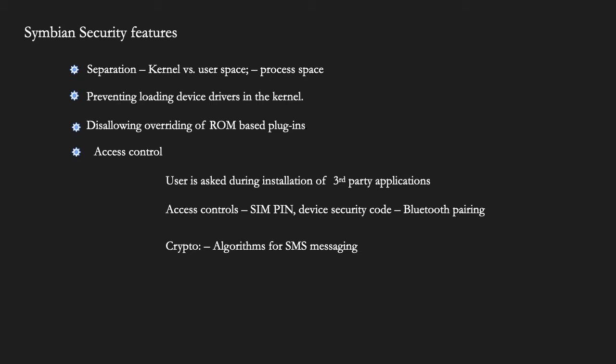It also has access control, wherein the user is asked for permission during the installation of third-party applications. It also has access control with the SIM or PUK code PIN, and in terms of Bluetooth pairing.